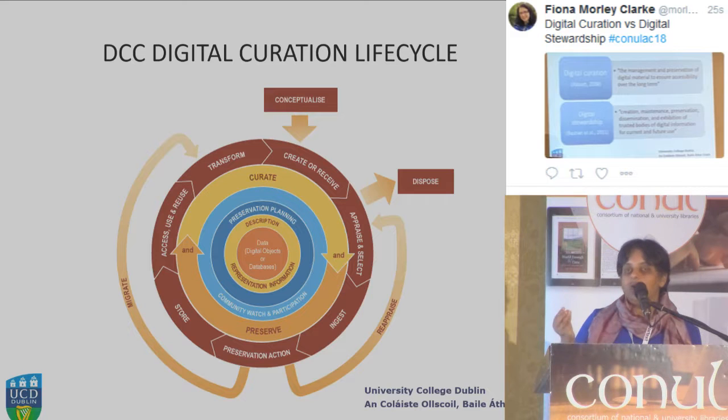So again, the core is what happens the most often, where we're describing and representing metadata, et cetera, going out to preservation and curation, which happens slightly less often, storage, et cetera, to those processes in the very outer ring that happen much less often. So these are the underpinning of the framework for digital curation.